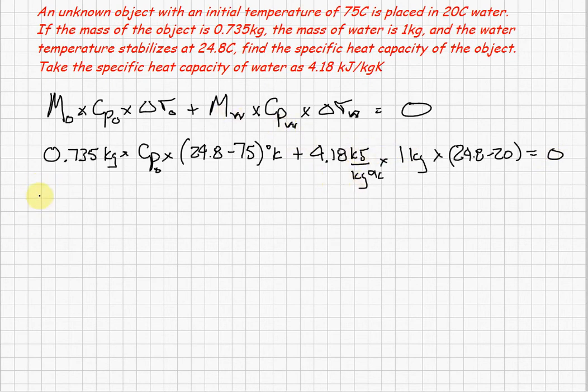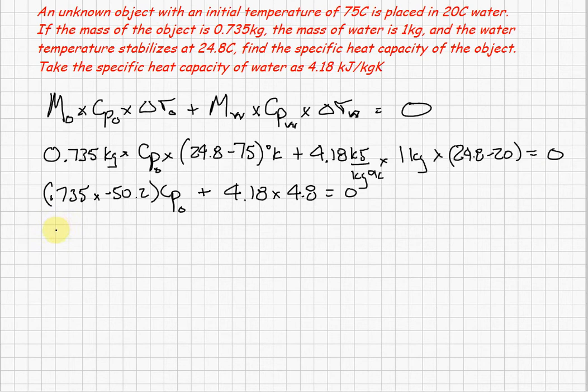So let's do some arithmetic here. If we do some arithmetic, we find out that this is 0.735 times minus 50.2, and that's all times CP of the object, plus, and that's going to be 4.18 times 4.8 equals 0.